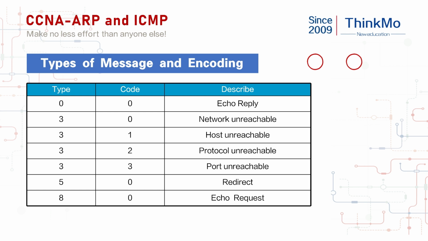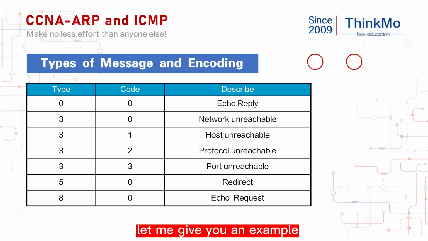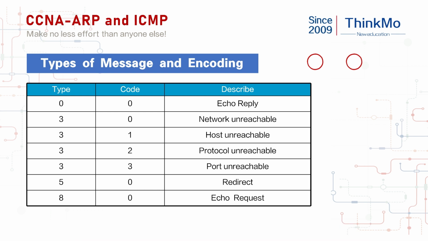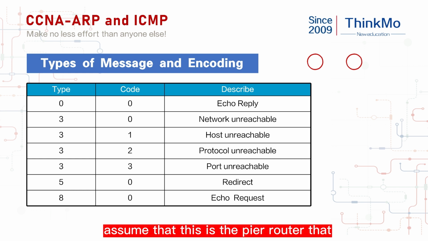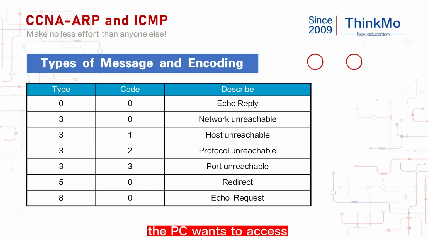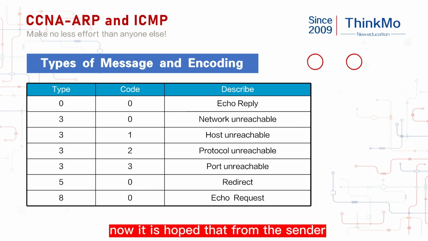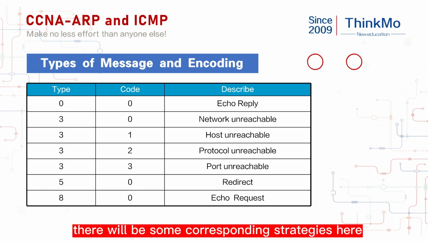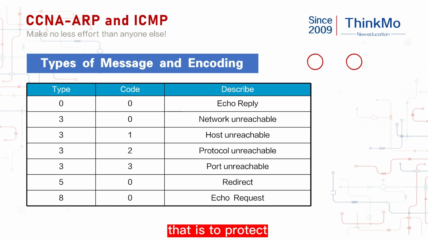What does it mean? Let me give you an example. This is a PC. There is a router on the public network in the middle. Assume that this is the peer router that the PC wants to access. They connect with each other. Now it is hoped that the sender can access the peer. Generally speaking, there will be some corresponding strategies here, that is to protect.